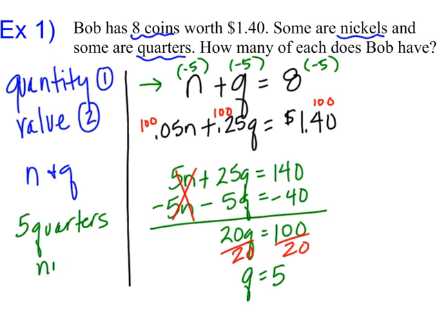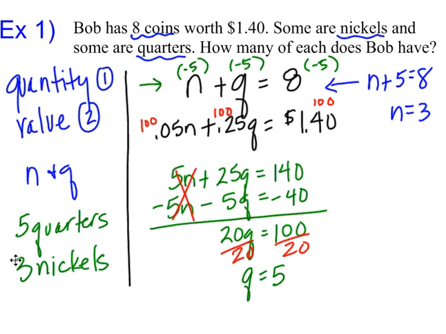We need to find out how many nickels we have as well. If we go back to our original equation up here, if we know that we have 5 quarters and we want to know how many nickels we have, it's obvious that n equals 3. So we have 3 nickels. And that's how we solve the coin problem.